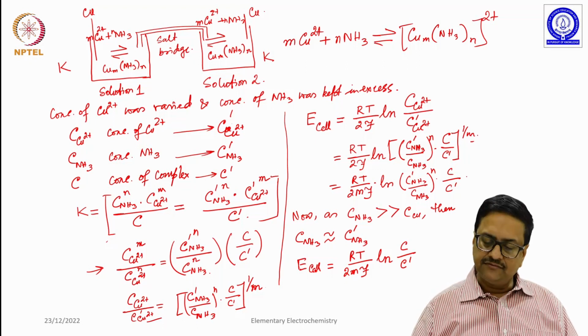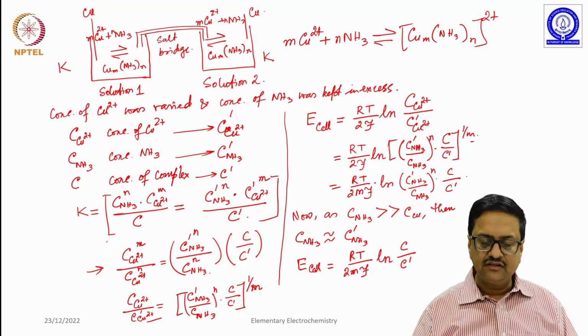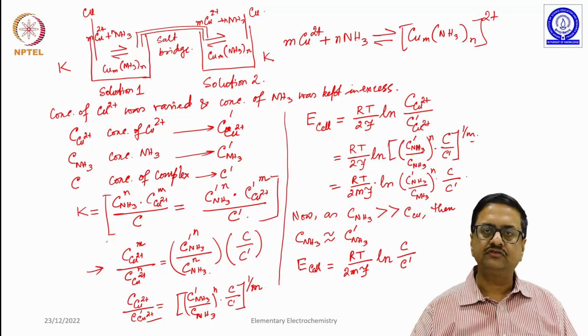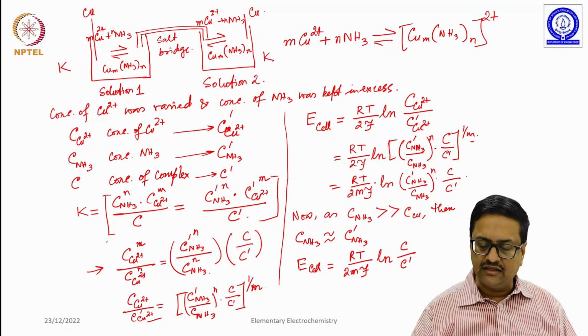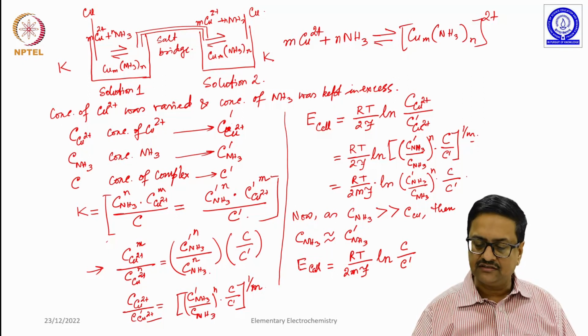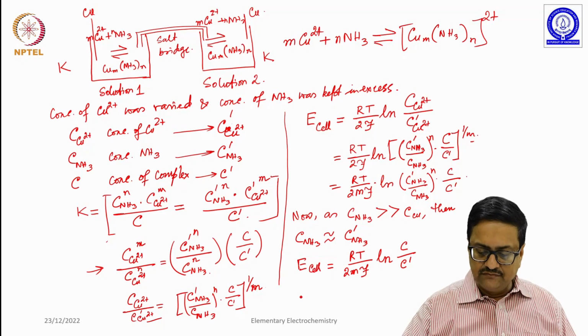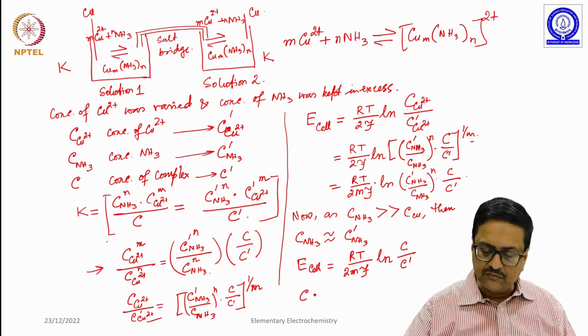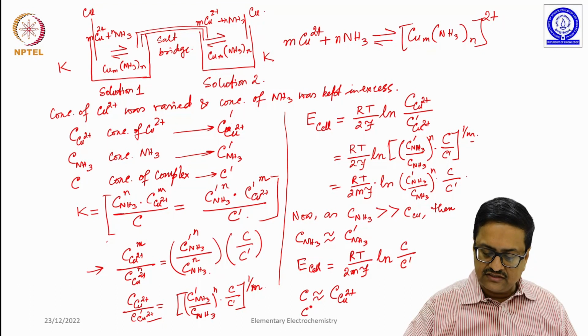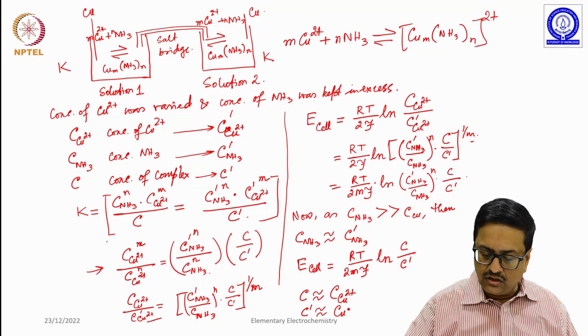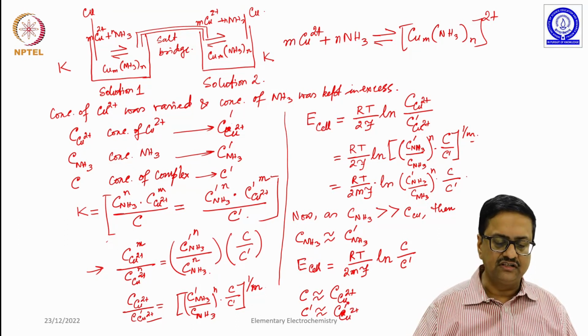Now, when we have ammonia in large excess, which essentially means that most of the copper 2 plus ions will remain complexed in the form of copper amine complex. So, the concentration C is nothing but equal to the concentration of Cu2 plus in the left solution and C prime is same as the concentration of Cu 2 plus in the right solution.